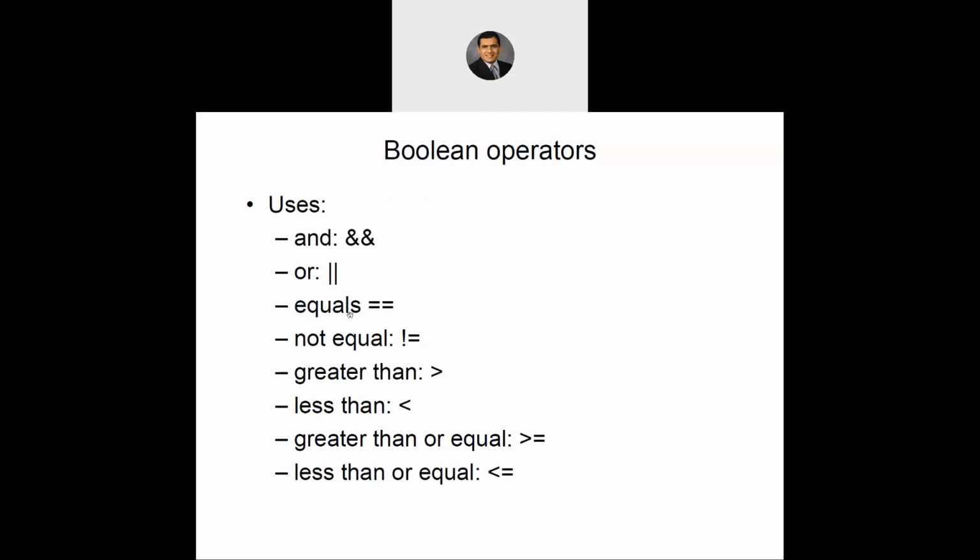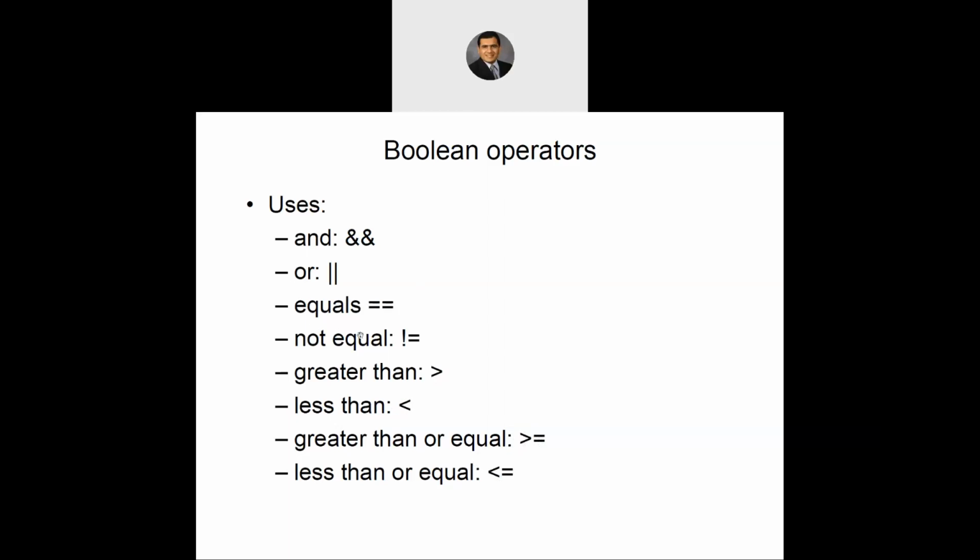First of all, we have the logical operators, which are and, or. We also have comparison operators: same as, not same as, greater than, less than, greater than or equal to, and less than or equal to.